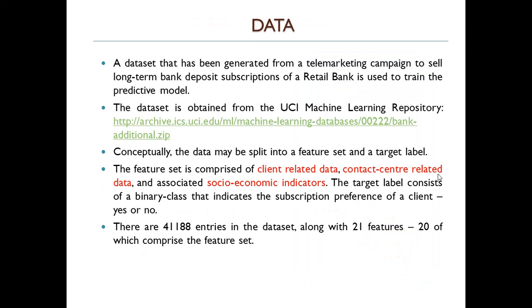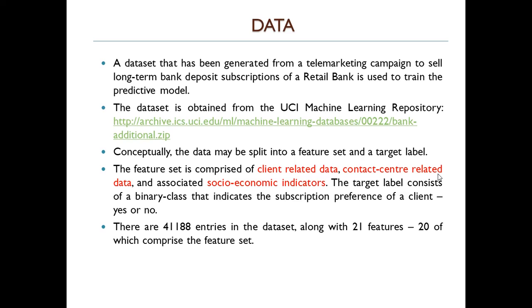The data set that has been generated from a telemarketing campaign to sell long-term bank deposit subscriptions of a retail bank is employed to train our predictive model. The data set is obtained from the UCI machine learning repository. The link is displayed.